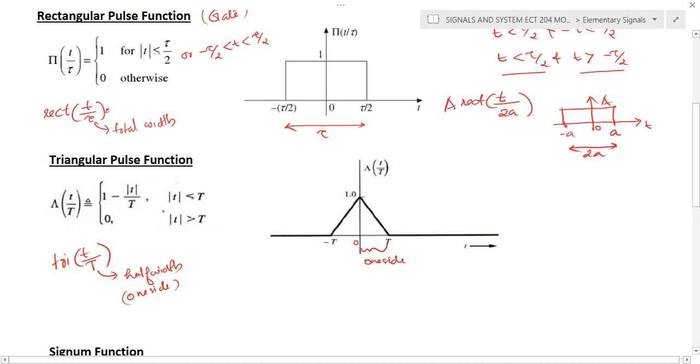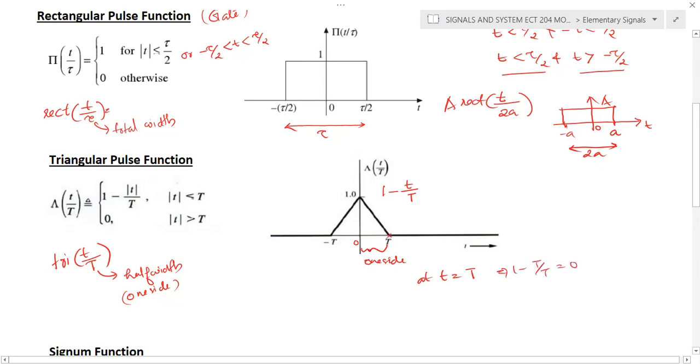Again, you can see that the function is given as 1 minus modulus of t by T. On the positive side you need to take the function like this: 1 minus t by T, since t is positive. You can substitute at small t equal to capital T. The function becomes 1 minus T by T, so you'll get 0.